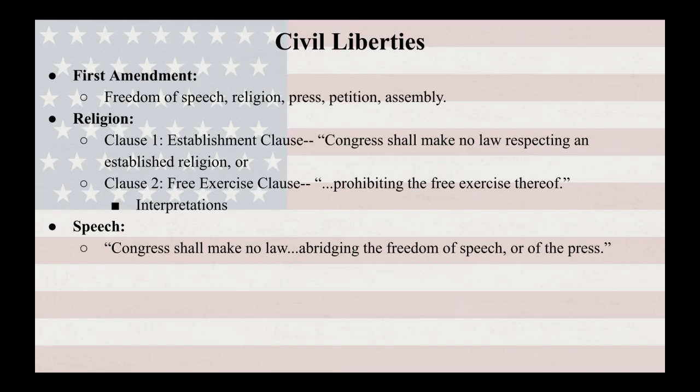And so the speech protections are held to a very high standard. If the government wants to regulate the speech protections, if they want to interfere with the protections of freedom of speech, they must have incontrovertible reasons for doing so. Now, that being said, there are varying degrees of protection based upon the type of speech.